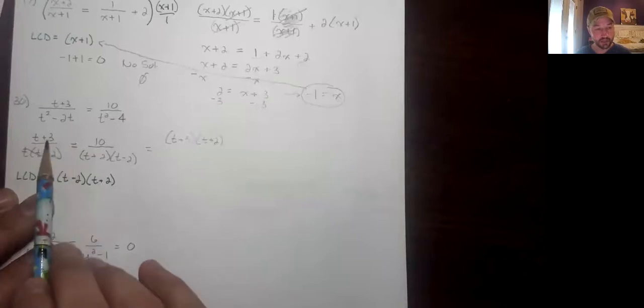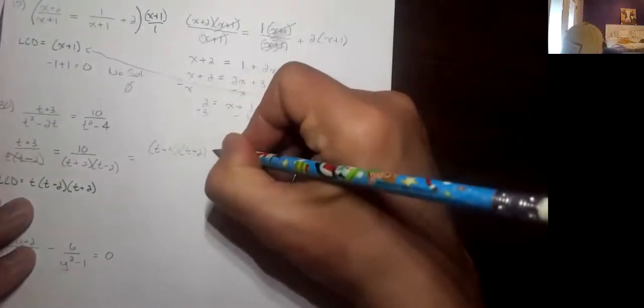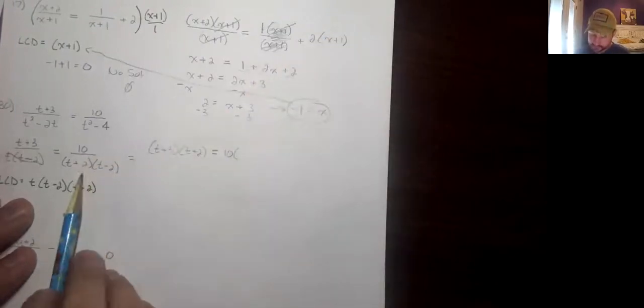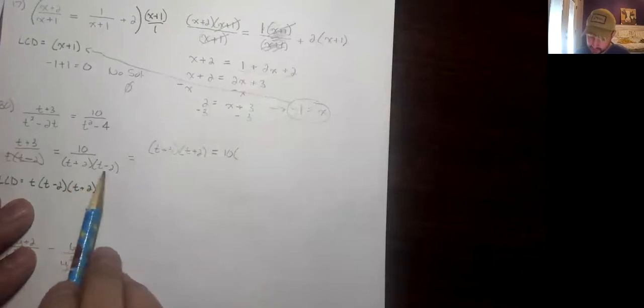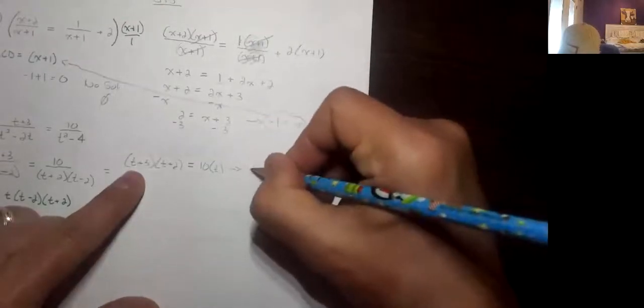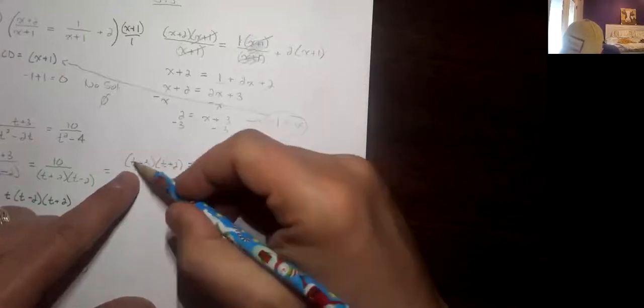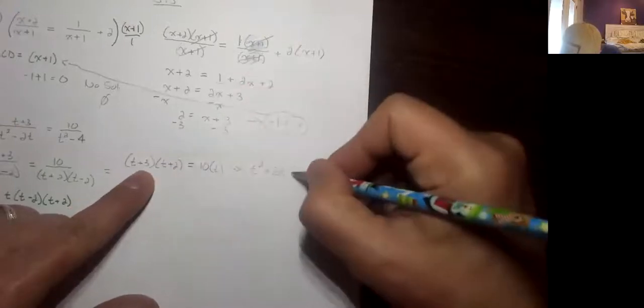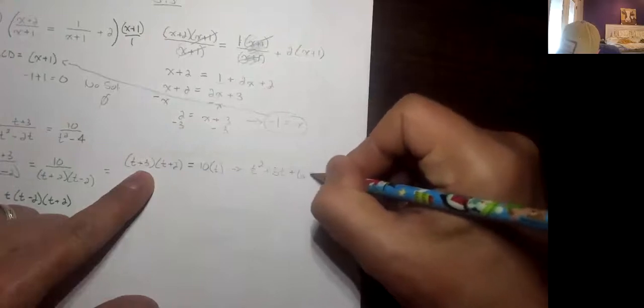So I just need to multiply by the t plus 2. So then the same thing over on the other side of the equals, I have 10 times whatever's missing. Well, my t plus 2, t minus 2 is right here. I'm just missing t. So what this becomes is t squared plus 2t plus 3t is plus 5t plus 6 equals 10t.